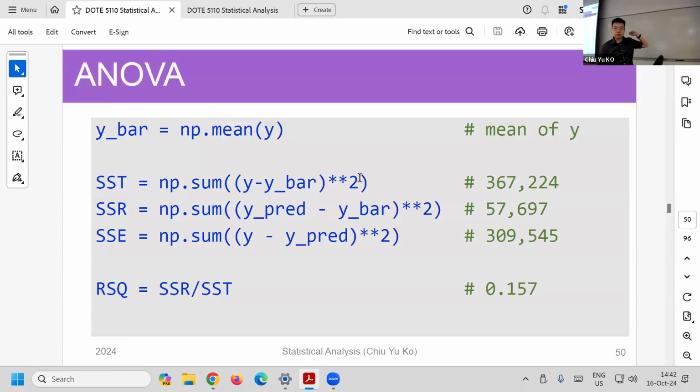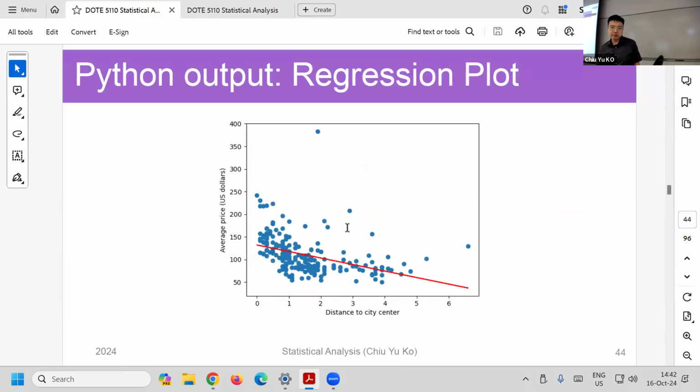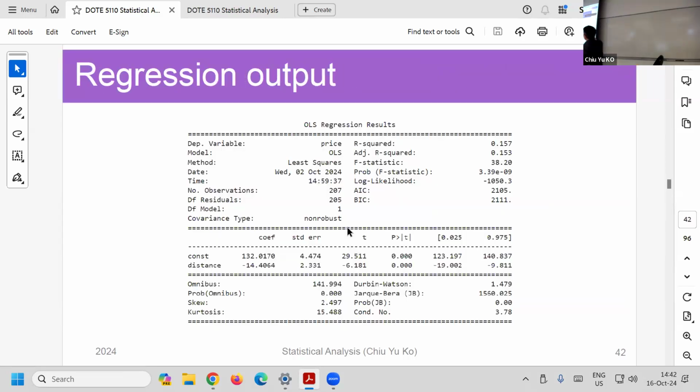And SSR will be the predicted values minus y bar, squared, and SSE is that one. Then you can do the calculation like this. I'm not going to show it, but you can try. The reason we don't do that is that, if you run the regression, R squared falls out directly. If you remember the regression output, it's already there, so you don't need these.